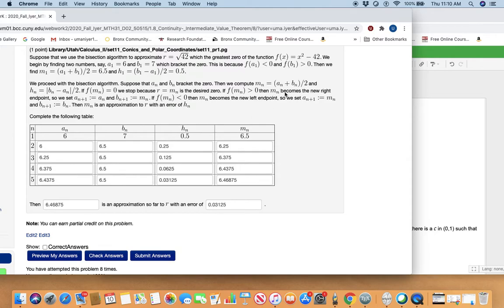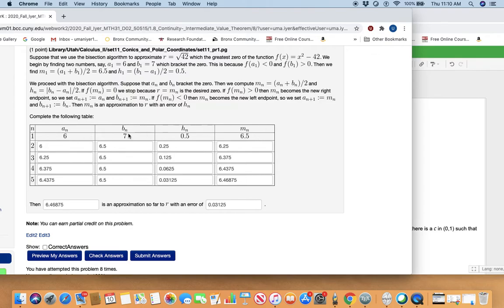So what they are saying is, now apply f on m, that is, plug this into your function. If you get positive, then that goes in the B column. If it is negative, then that goes in the A column. So you keep doing that.